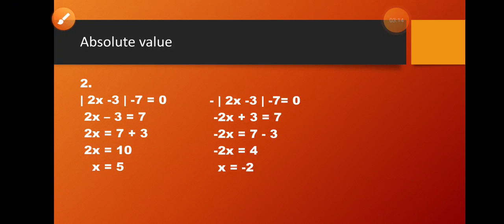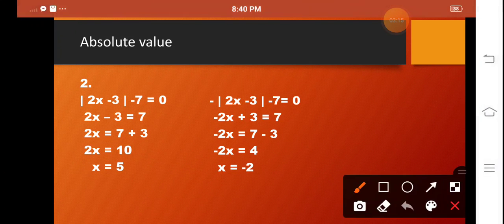Let's take the other value of x. Again, we have to multiply this one by negative. So negative times 2x is negative 2x, negative times negative 3 is positive 3, is equal to 7. By additive inverse, we get negative 2x is equal to 7 minus 3.